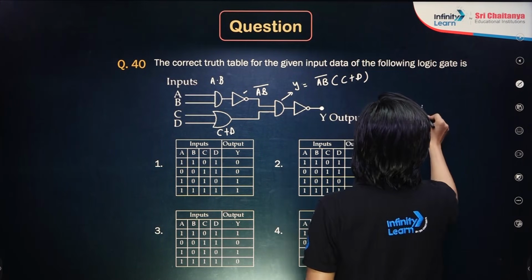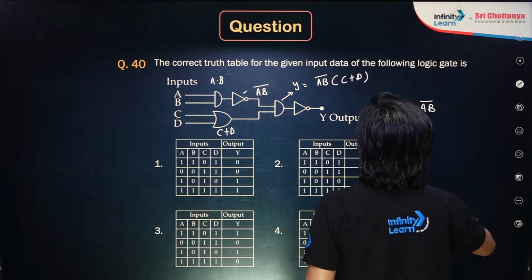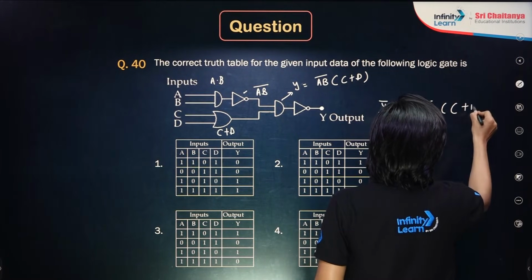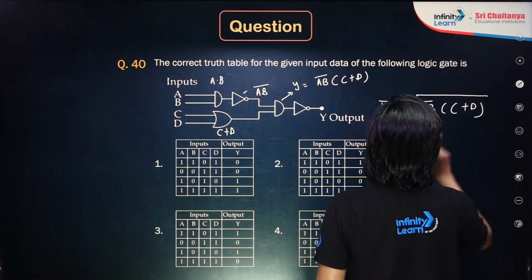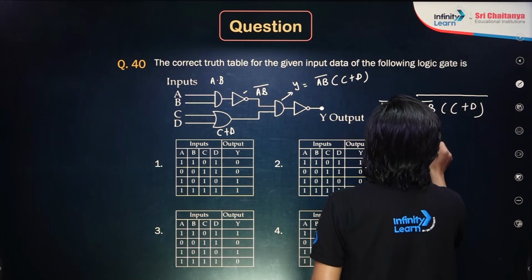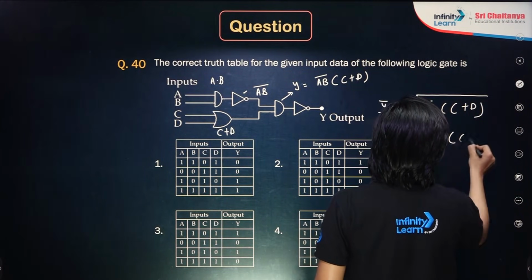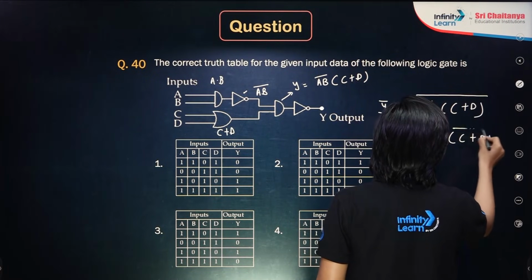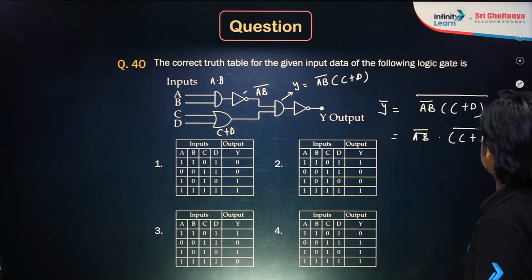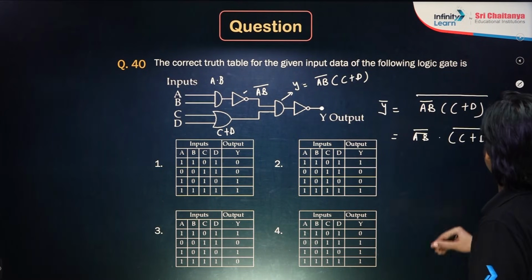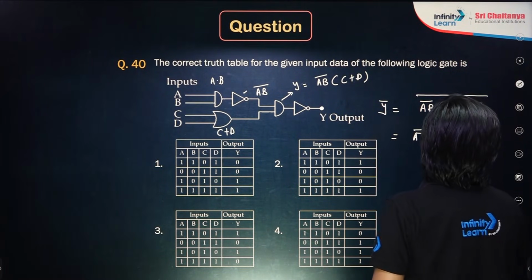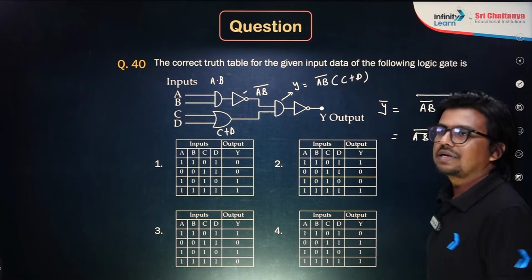So if you take the bar of it, (AB bar) dot (C plus D), and the bar of it, this is going to give me ((AB bar) dot (C plus D)) bar, which is (AB bar) bar plus (C plus D) bar. That is what you will get.